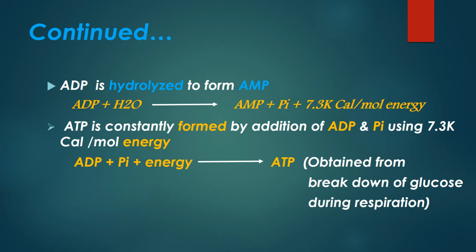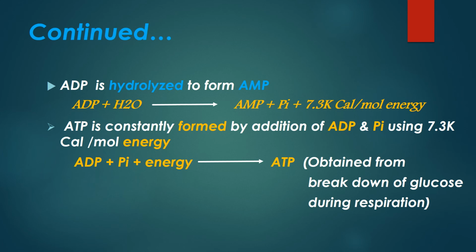Adenosine with 3 phosphates is called adenosine triphosphate. Adenosine with 2 phosphates is called ADP, adenosine diphosphate. Adenosine with 1 phosphate is called AMP, adenosine monophosphate. So when we hydrolyze this ADP, the remaining phosphate will be released, just 1 phosphate will remain, so it will become AMP, with the release of energy.